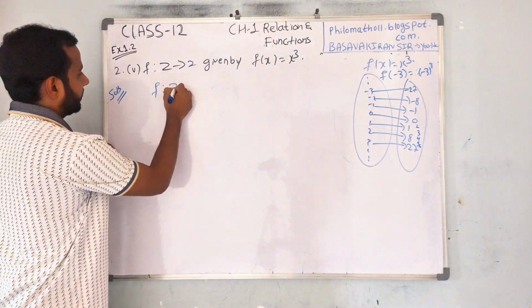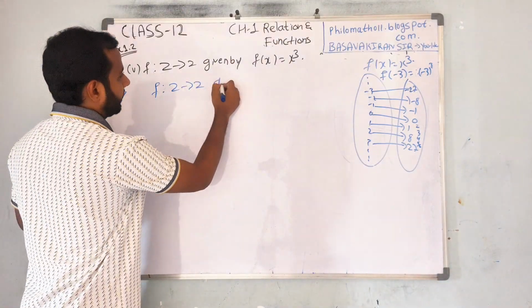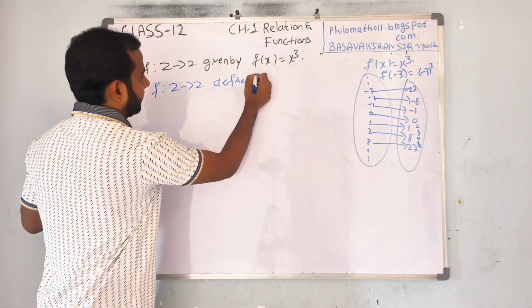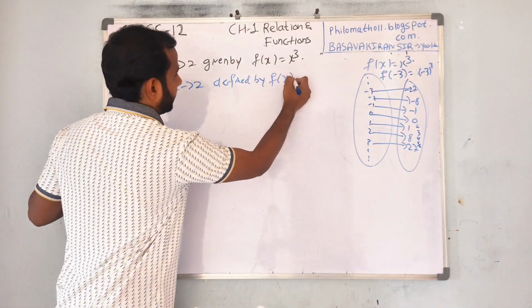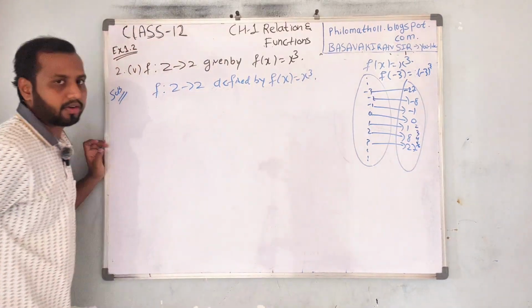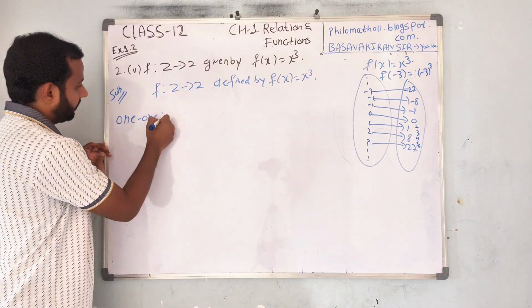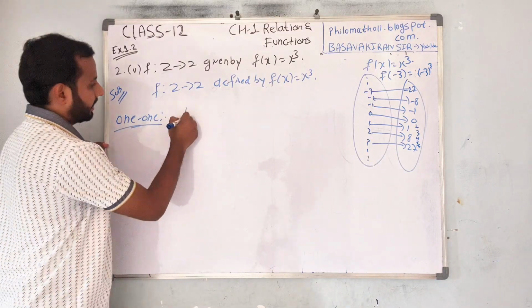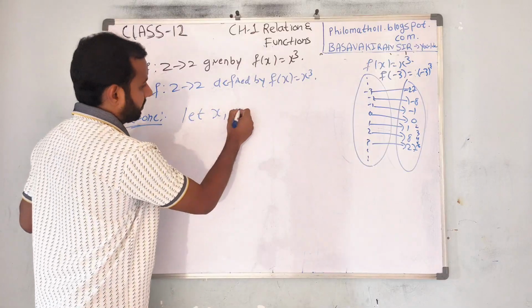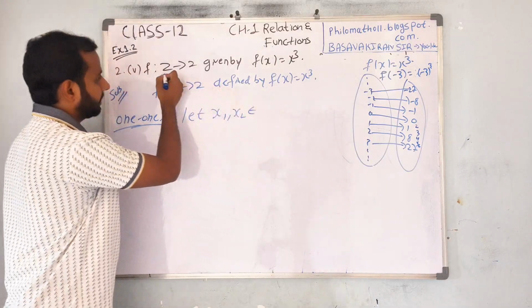Let us prove. Given f from Z to Z defined by f of x equals x cube, right? f of x equals what? x cube. Now I need to prove 1-1, right? Again the same, I will take let x1 comma x2 belongs to, which set should come here?